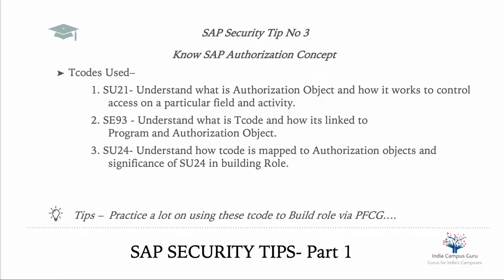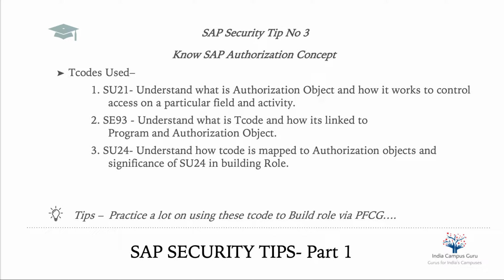The T code we are talking about right now is SE21, which gives you the authorization object and how it maps to different fields and activities. You maybe don't have to go deep there, but at least understand what SE21 does, and as security personnel, what you would be doing there, or how this T code can help you.